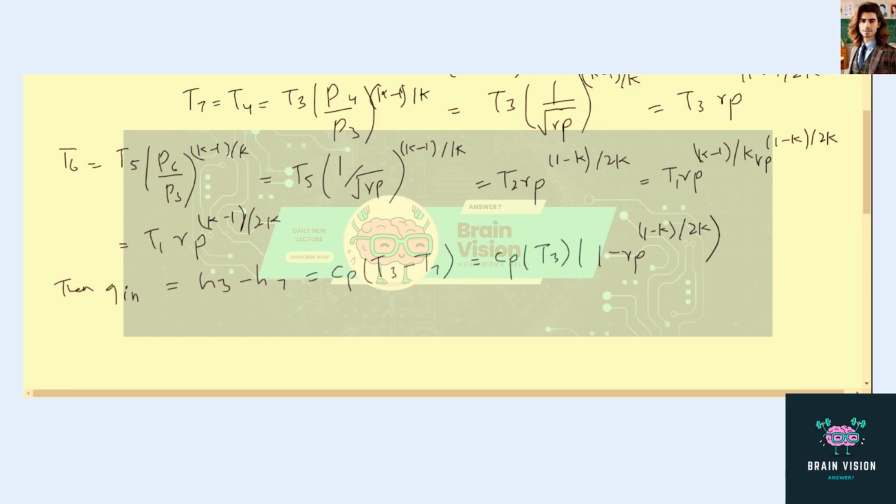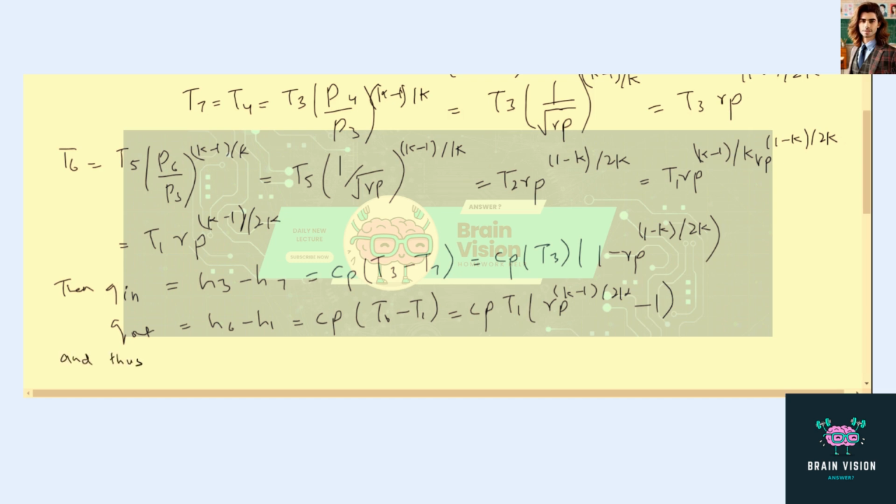So our heat out, that is Q out, is equal to H6 minus H1, which is equal to Cp into T6 minus T1, equal to Cp T1 into Rp power K minus 1 divided by 2K minus 1.